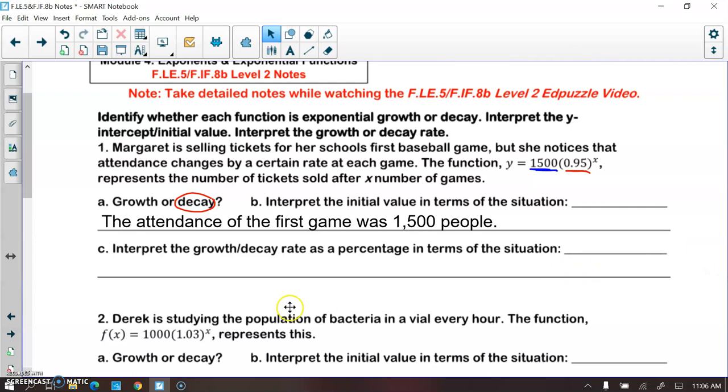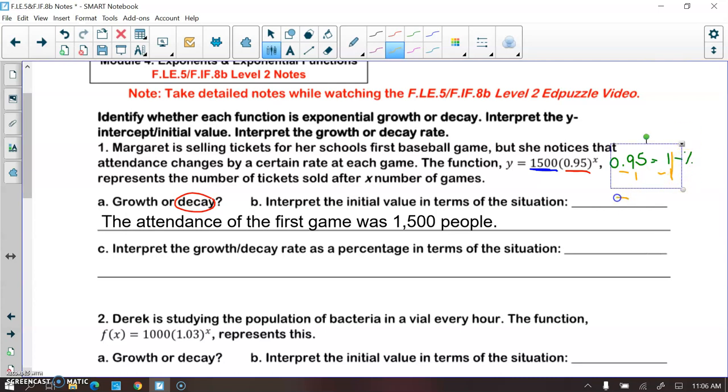Now, we are going to interpret the growth or decay rate, in this case the decay rate, as a percentage in terms of the situation. So this is not 95%. Remember, what we do is we take our decay, our b value, 0.95. Since it's decay, I'm going to set it to 1 minus the percent expressed as a decimal. I'm going to subtract 1 from both sides.